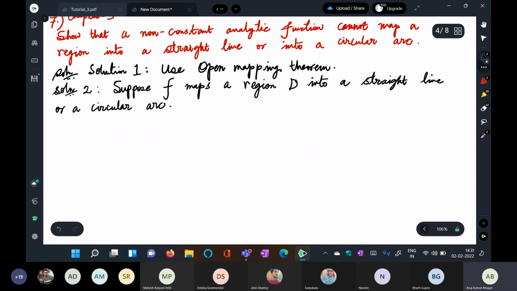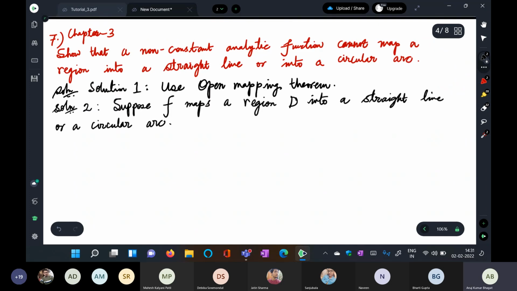We are starting with a contradiction. Suppose there is a non-constant analytic map which maps a region D into a straight line or a circular arc.